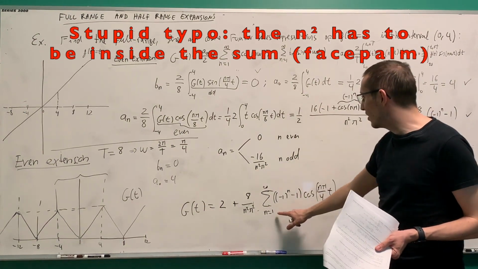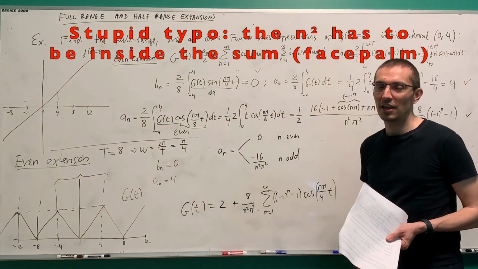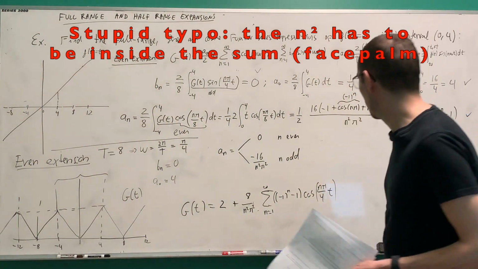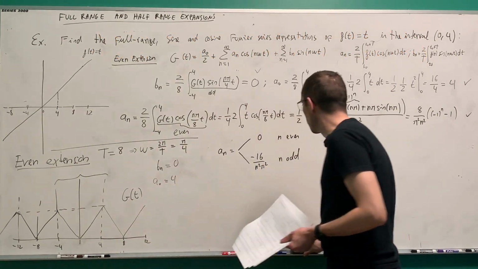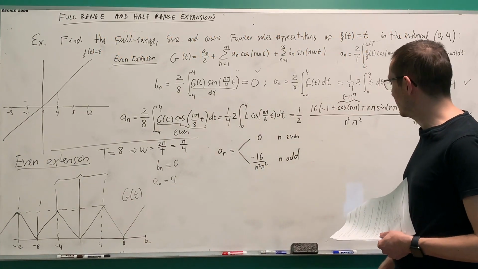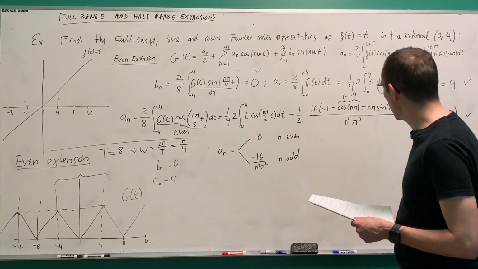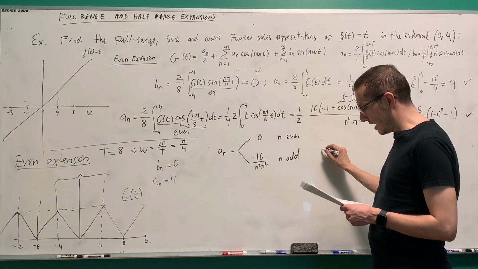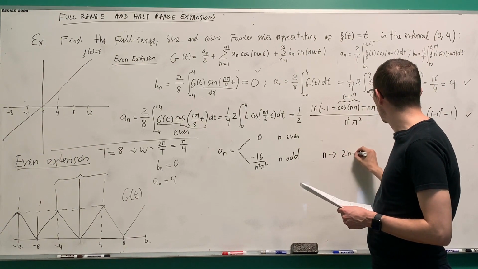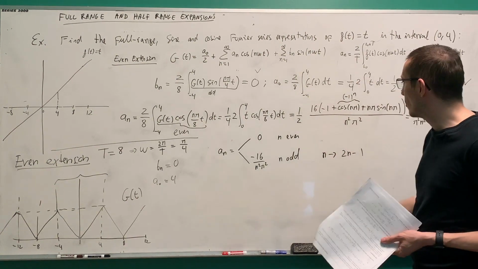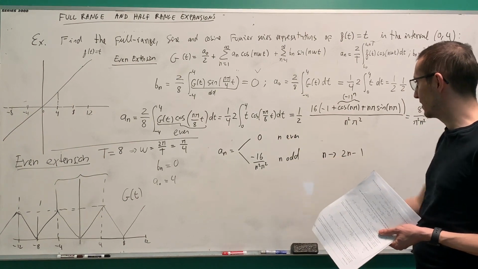Why? Because I have here a sum where half of the terms are 0. I want to simplify it more, okay? So, what I do instead is pick only the odd ones in the sum. To pick only the odd ones, I do the change for n going to 2n minus 1. That only picks the odd an's.